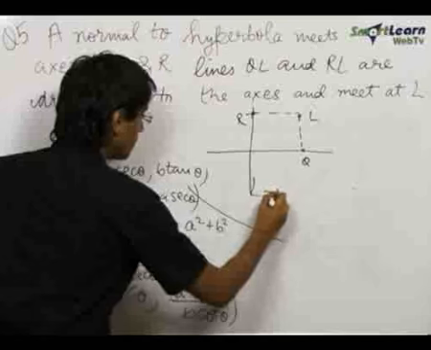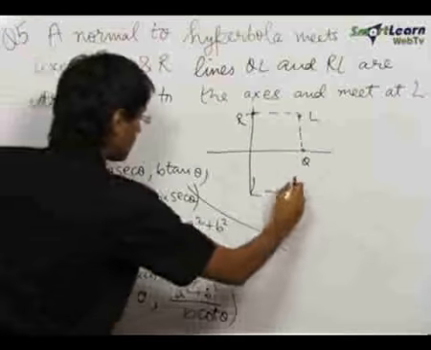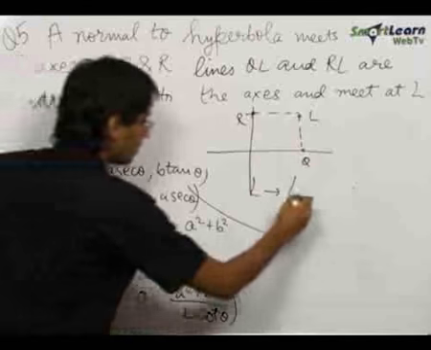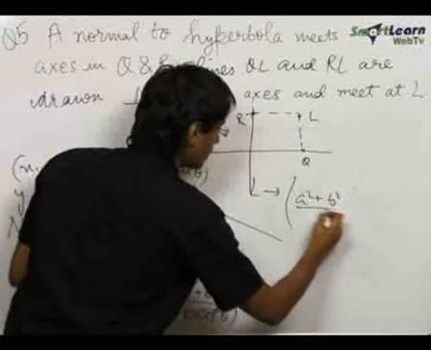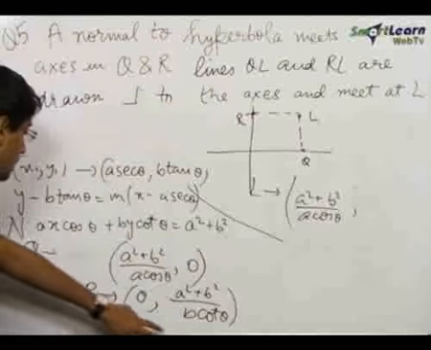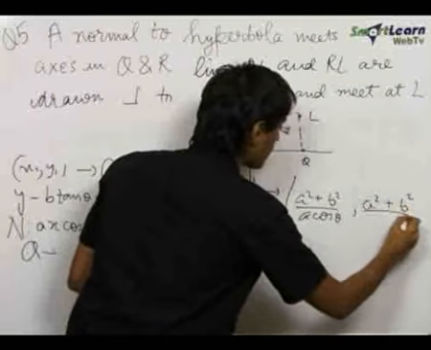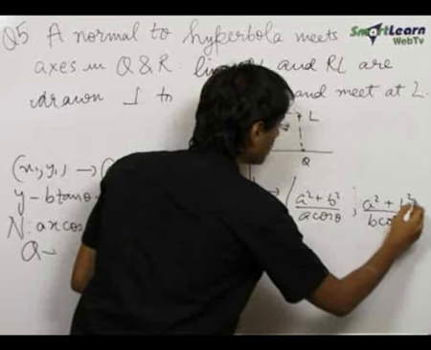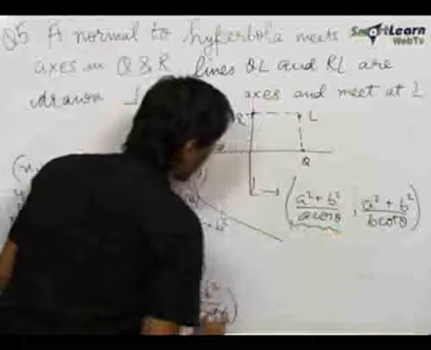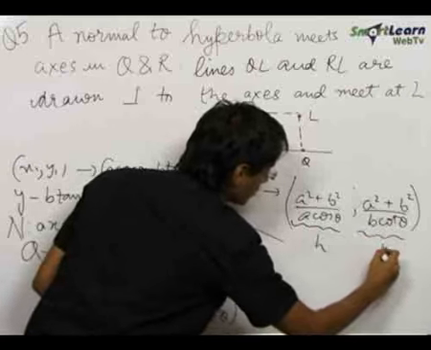Hence L will be equal to a square plus b square upon a cos theta, comma a square plus b square upon b cot theta. The locus of L has to be found out. Let us say this is H, this is K.